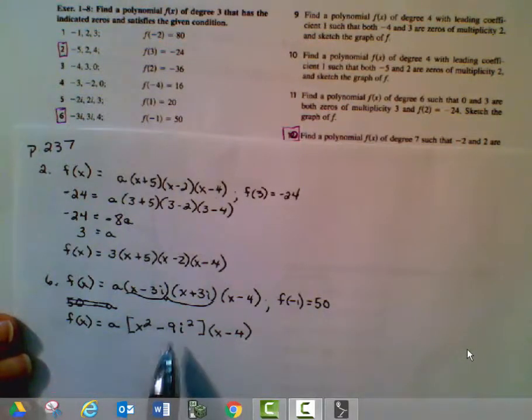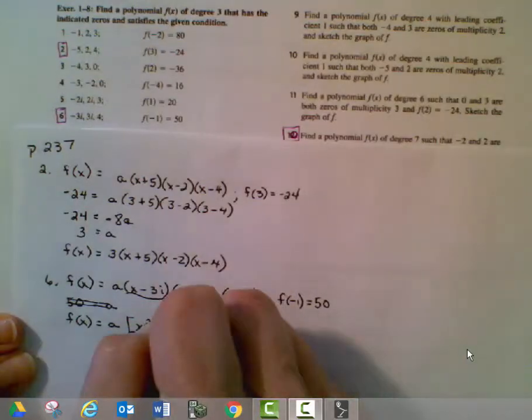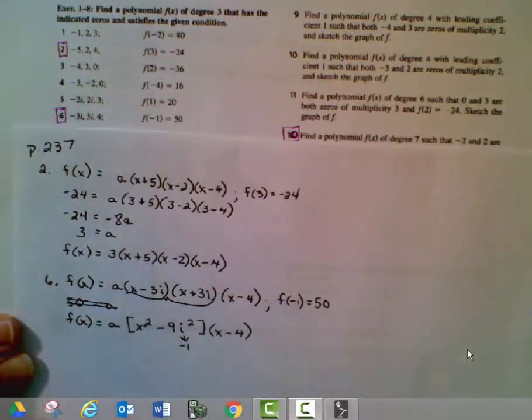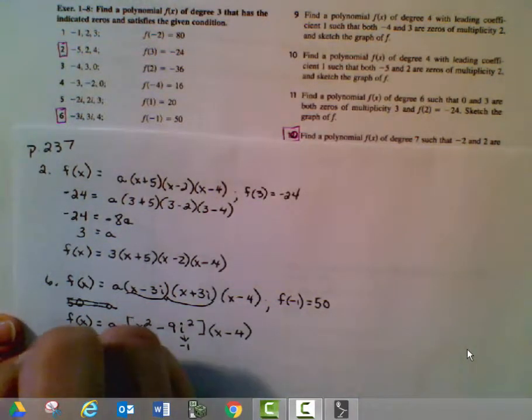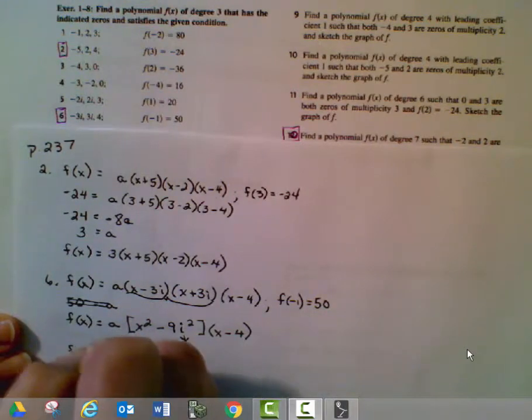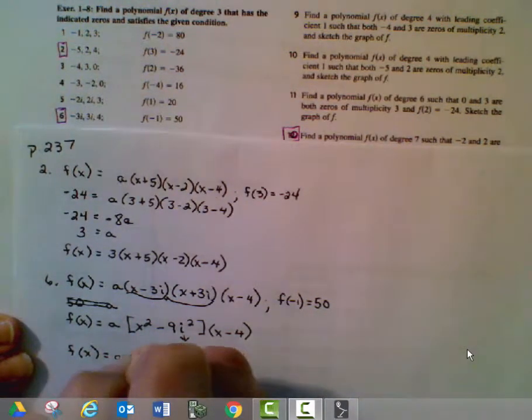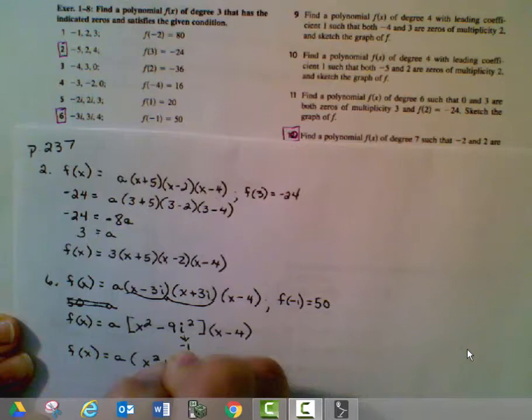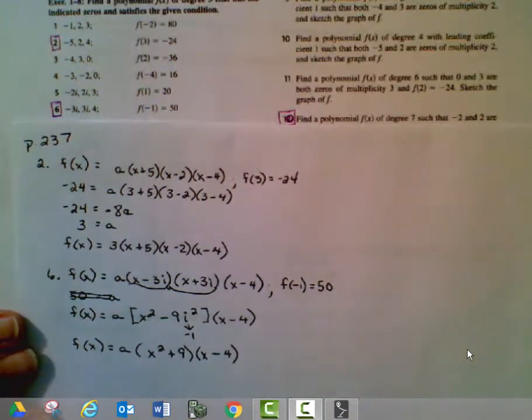But you know from your work with imaginary numbers that i squared is just -1. Then that factor simplifies to x squared plus 9 times x minus 4.